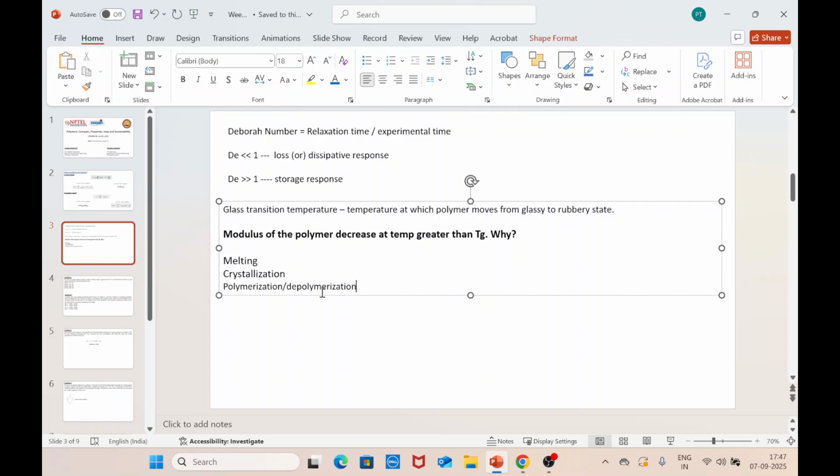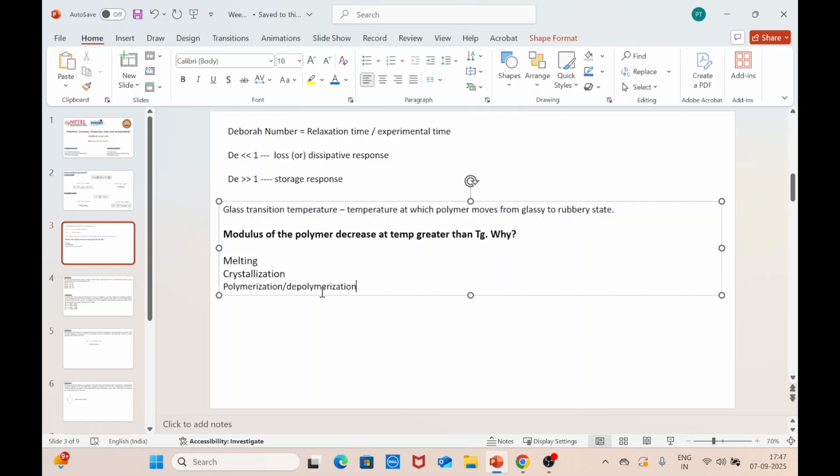I hope everybody is able to remember. So these two phenomena can help us quantify the percentage of crystallinity and the type of polymers we have, whether they are amorphous or semi-crystalline. If semi-crystalline, what is the percentage of amorphous and crystalline domains in those polymers?